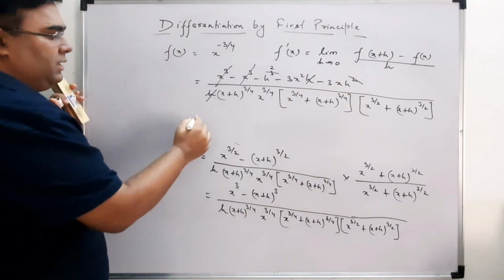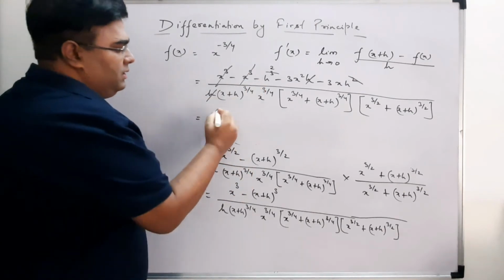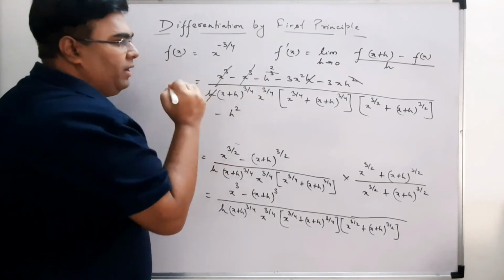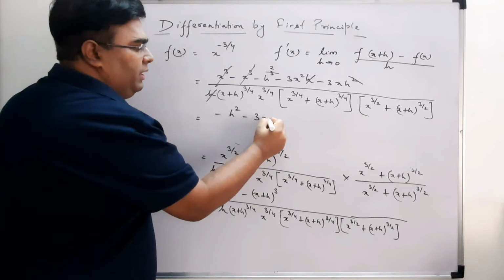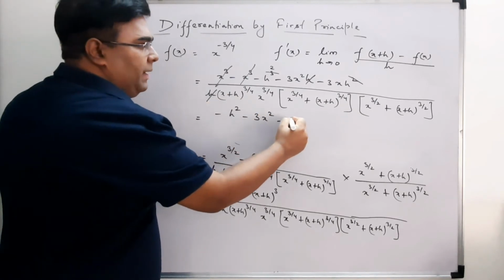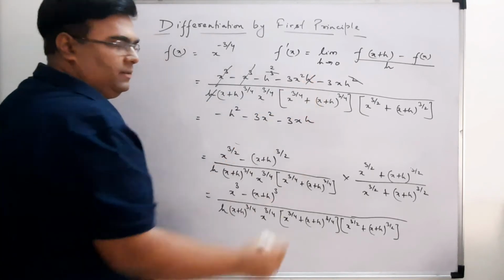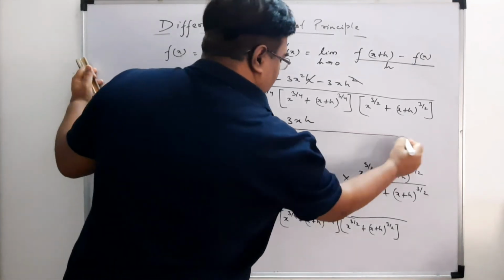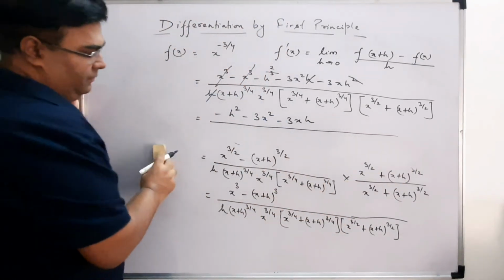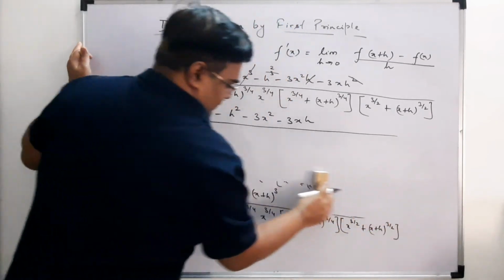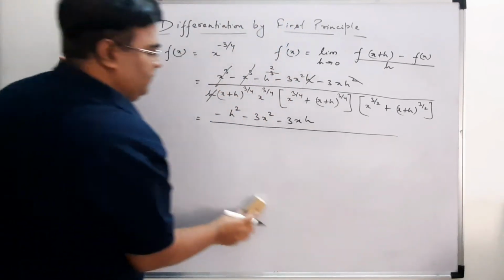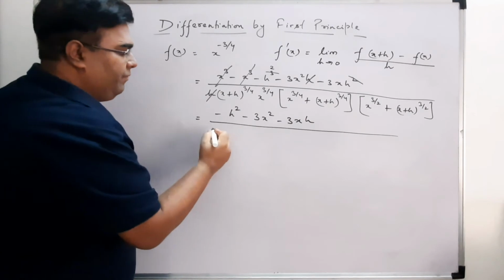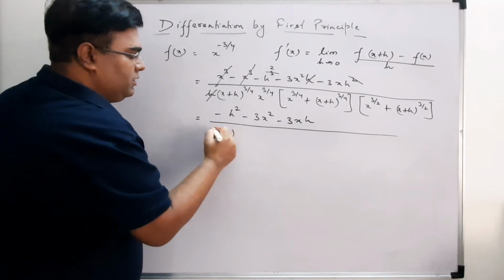So in the next step, what we can write is minus h square minus 3x square minus 3xh, and in the denominator we have x plus h.